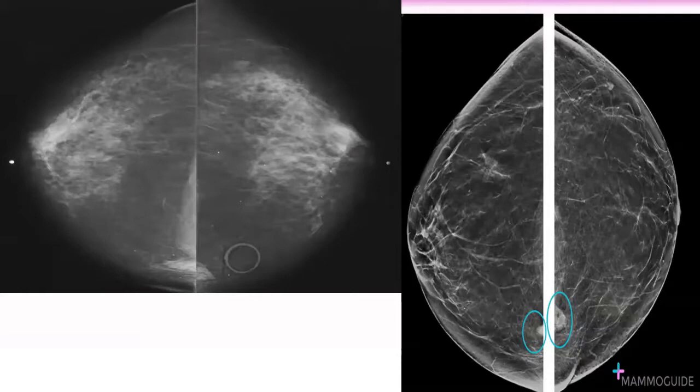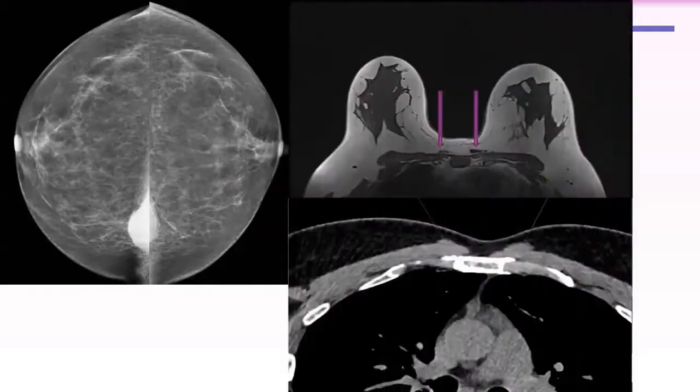But if we are aware of the variant in this area, at least we will include it in the differential diagnosis and search for it. This is an example of asymmetric bilateral, and usually it will be visualized on cross-sectional imaging.